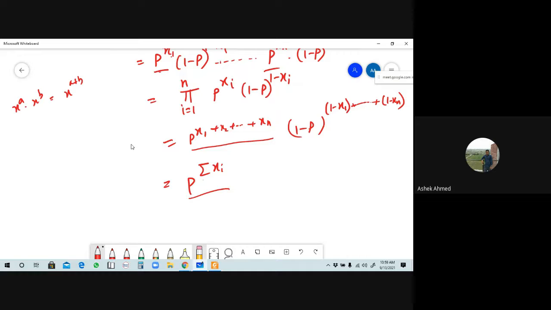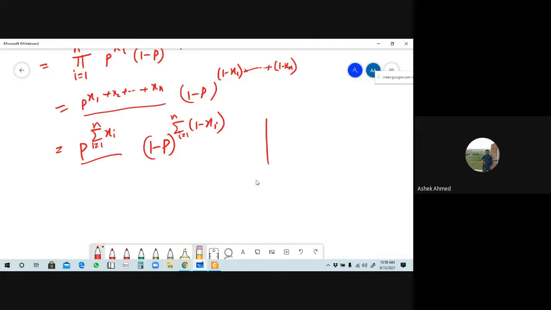So in that case, it will be 1 minus p whole to the power summation of 1 minus xi. But in that case, you have to remember that i is equal to 1 up to n, here also i equals 1 up to n.